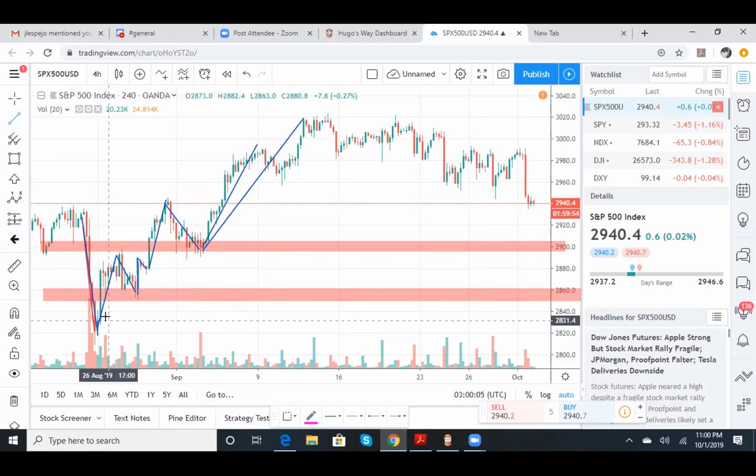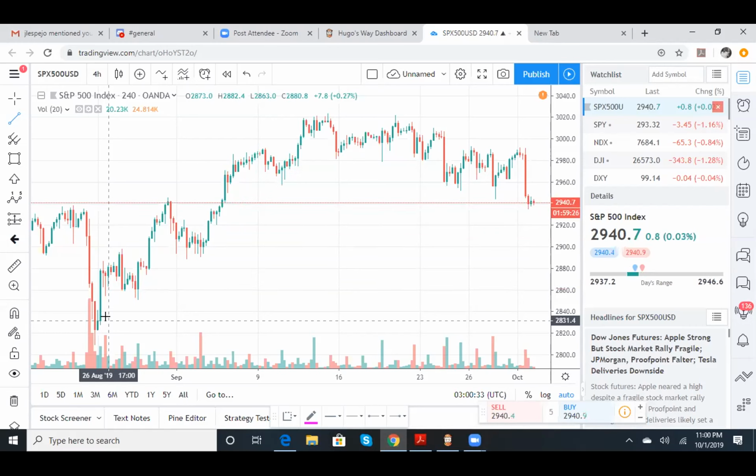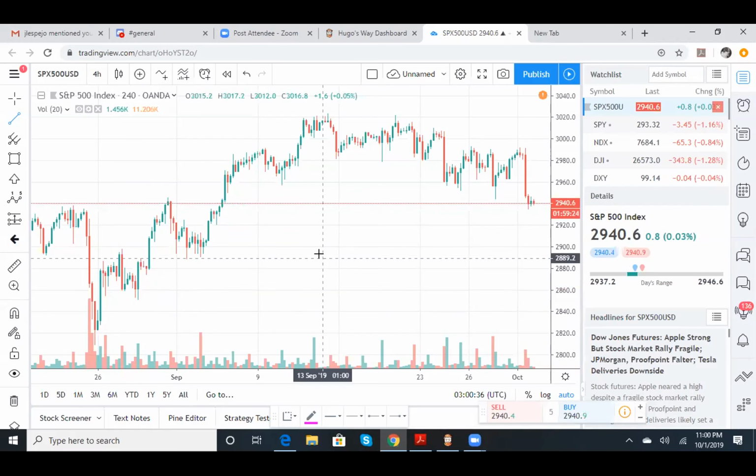Then, using a different color, another A, B, C. After C created a lower low, price never maintained itself below that. So if we focus on identifying that zone there, you see how the market then made its next move to the upside? Yes. So go ahead. Move left and identify another one.